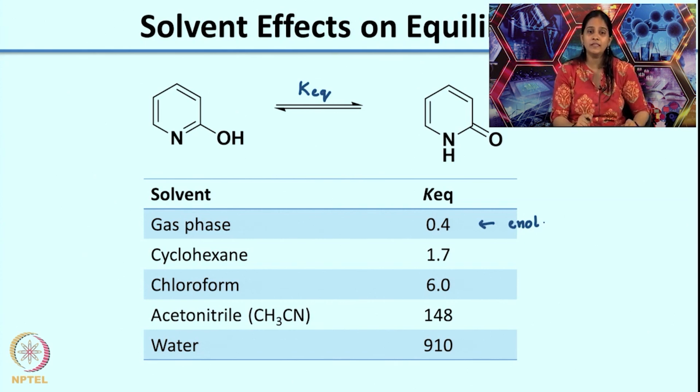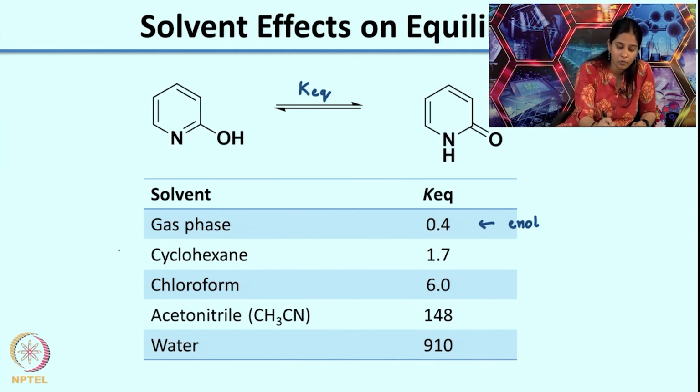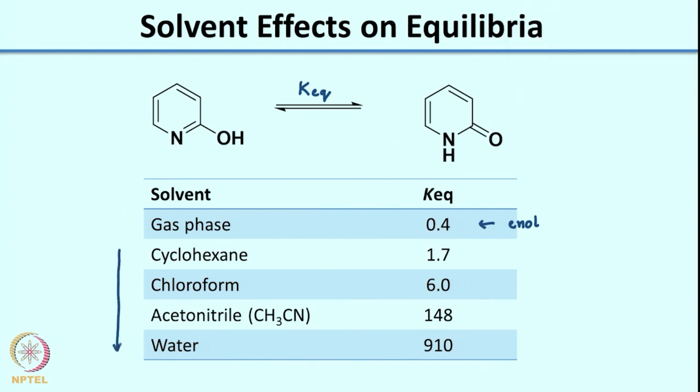And what you see is, as you increase the solvent polarity, so when you go from cyclohexane to chloroform to acetonitrile to water, your solvent polarity is increasing, and you see a corresponding increase in the keto form.